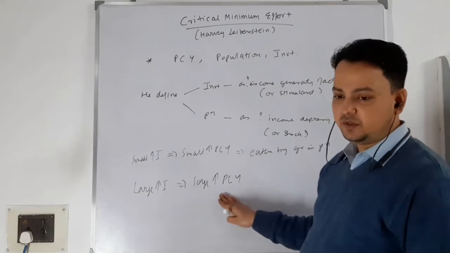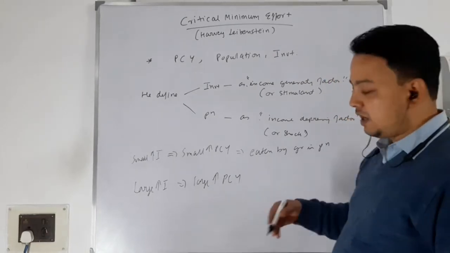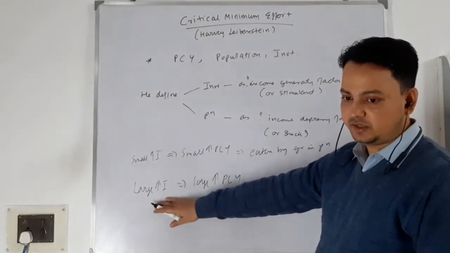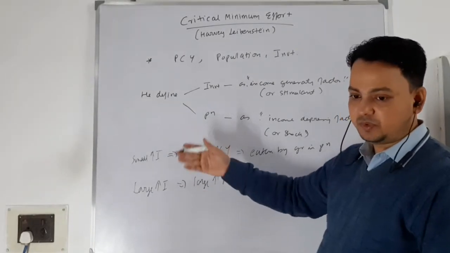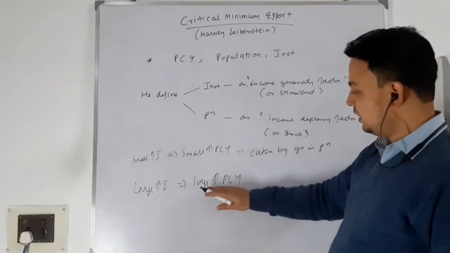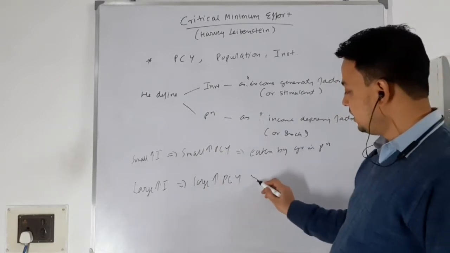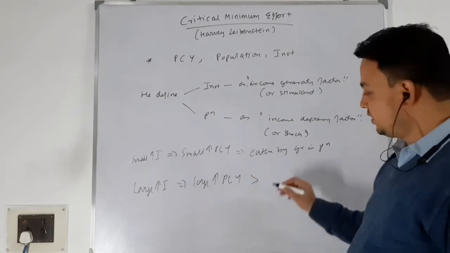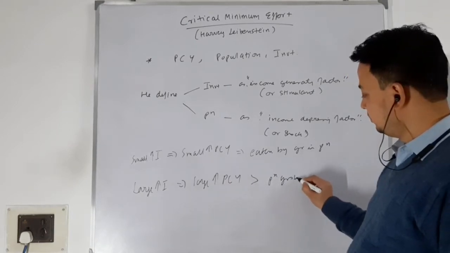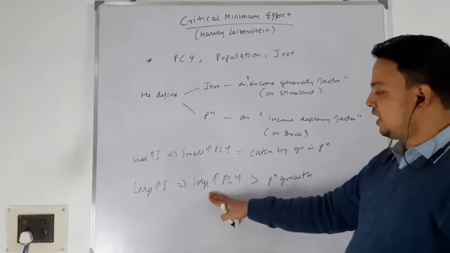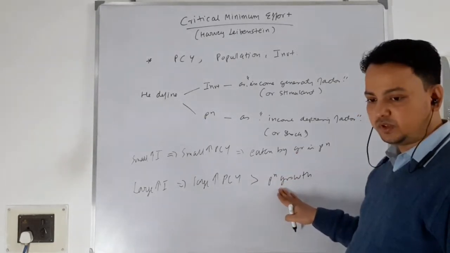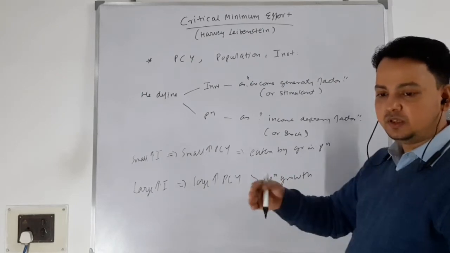When you have a large increase in per capita income, there is a possibility that, if we take this development strategy above a certain critical minimum level of investment, this large increase in per capita income may exceed the gravitational pull factor of population growth. Then we say there can be economic growth.